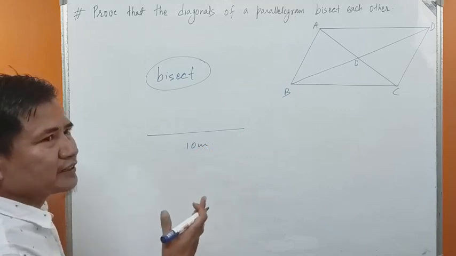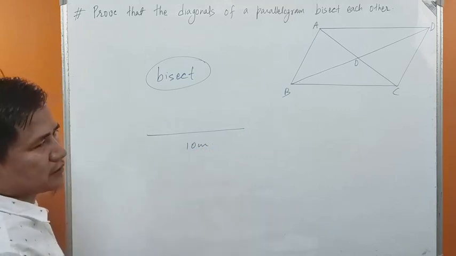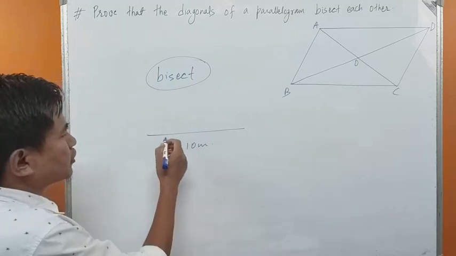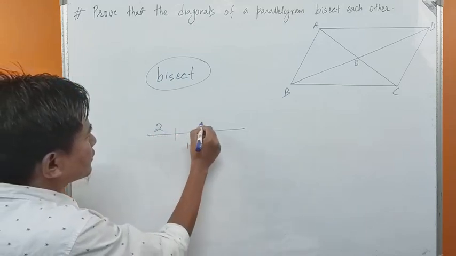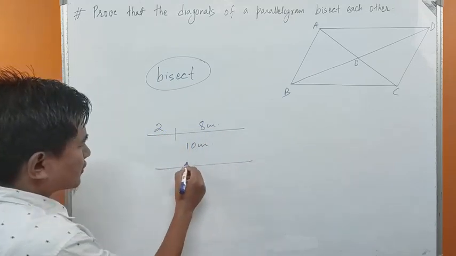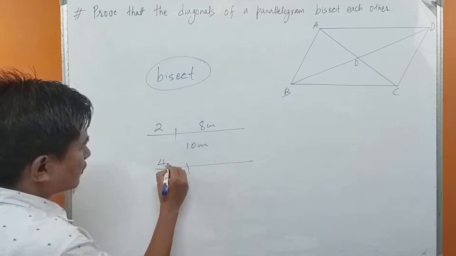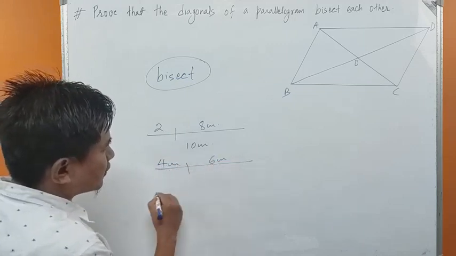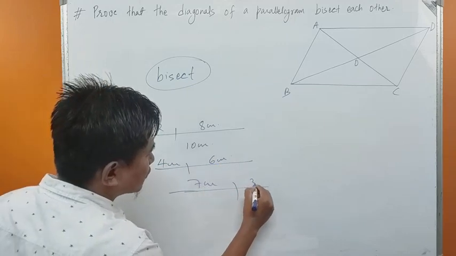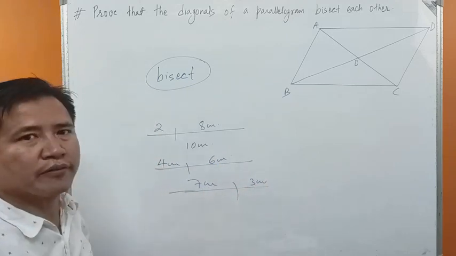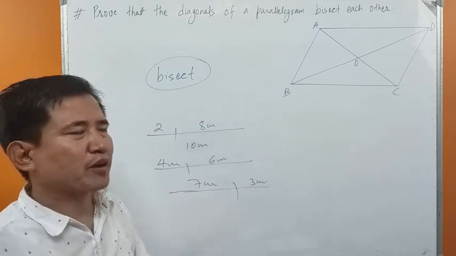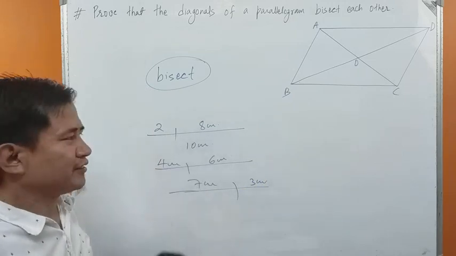If I say divide this line segment into two parts, this can be 2 centimeter and 8 centimeter, or 4 centimeter and 6 centimeter, or 7 centimeter and 3 centimeter. In innumerable ways, in an infinite number of ways, we can divide this straight line into two parts.